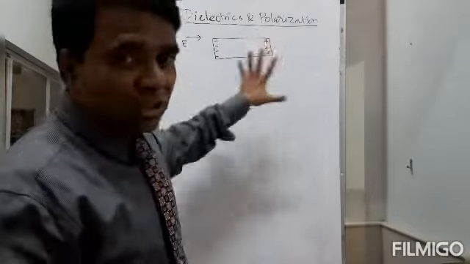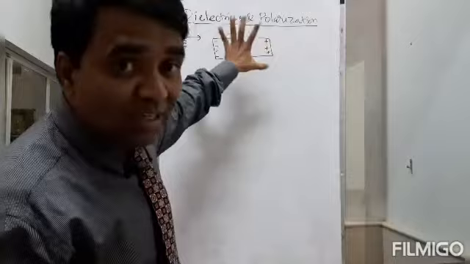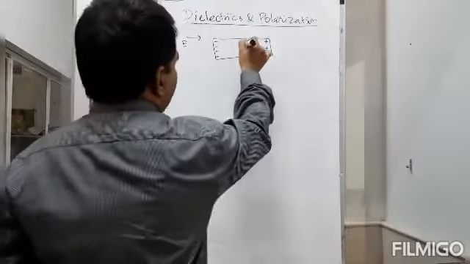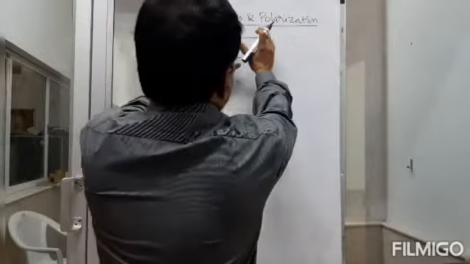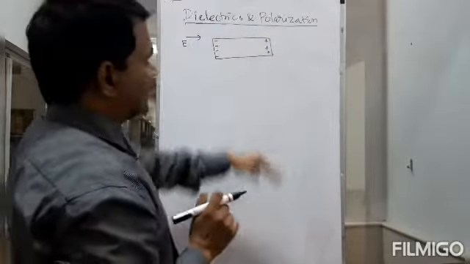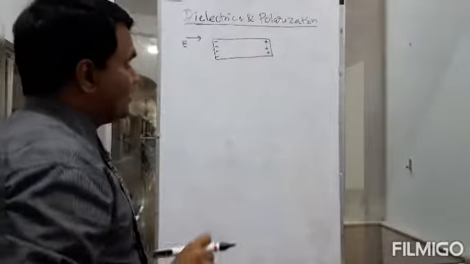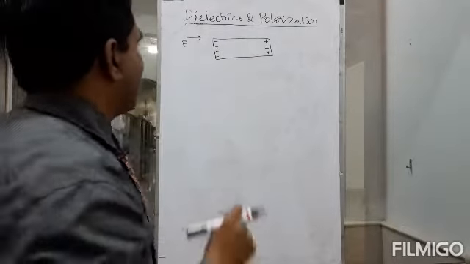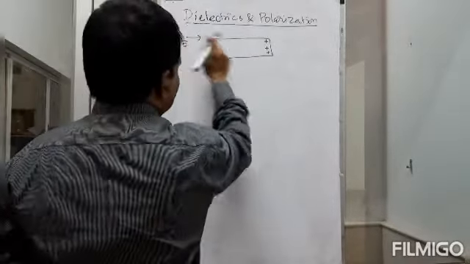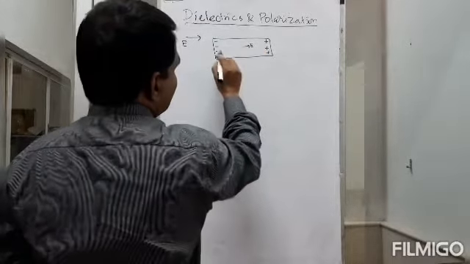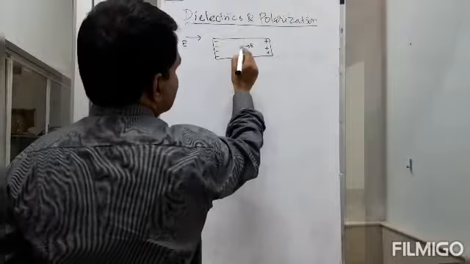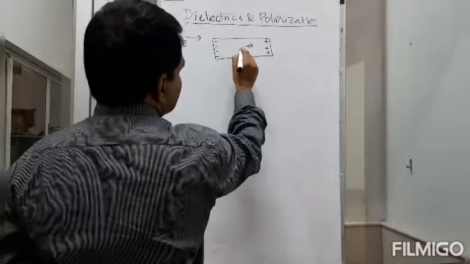If there is no conductor here, then at this point there would certainly be an electric field. But because you have a conductor there, this field is here as E, but there is also a field set up by this, right? So that will be in this direction.